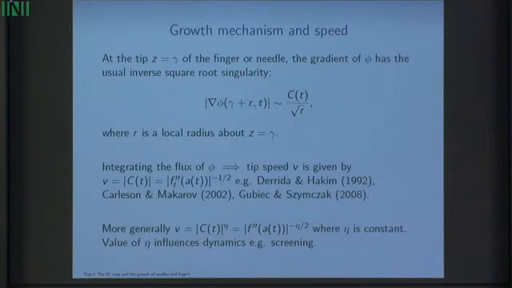So what is the growth mechanism? We have a velocity singularity, the typical inverse square root singularity. So let's integrate around a local radius at the tip.